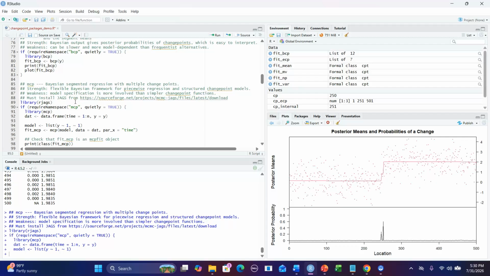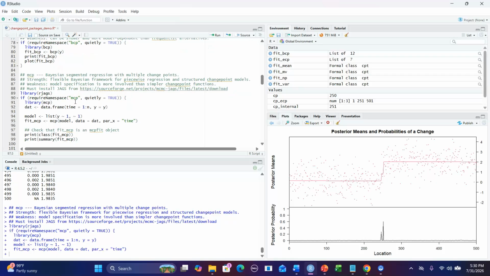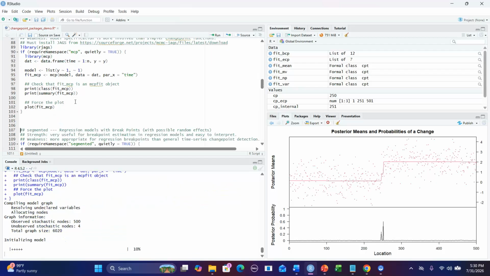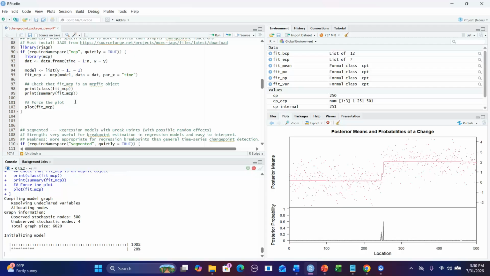So you compare two piecewise linear models, and then you use mcp to fit the model using the data and the parameter x equal to time. Then you can print out the summary. You can see down there it's computing. Since it's using MCMC, it's going to take a little bit of time. Still going.